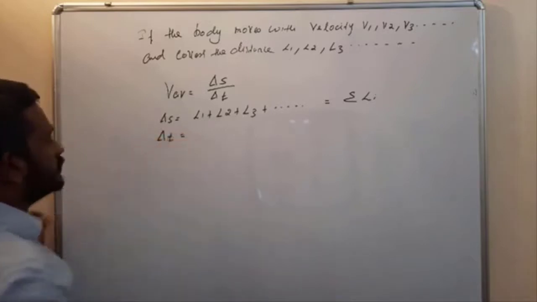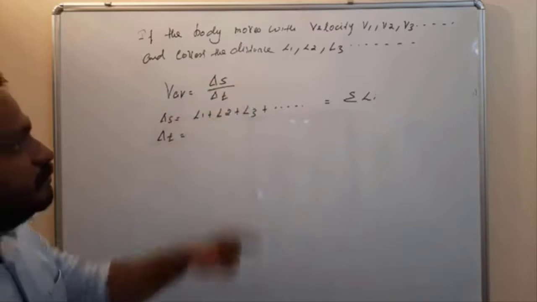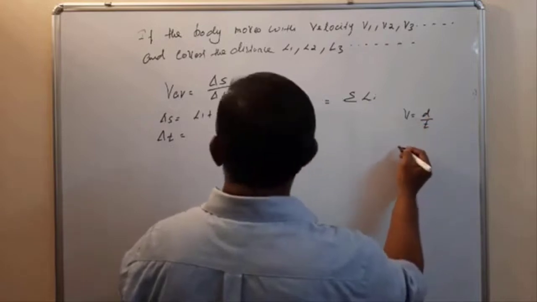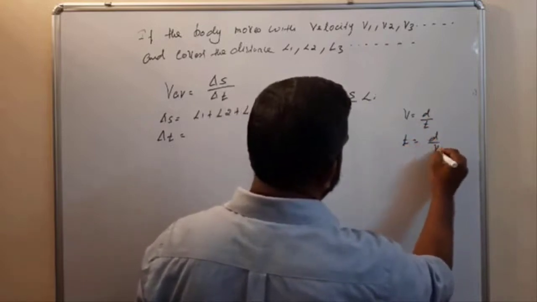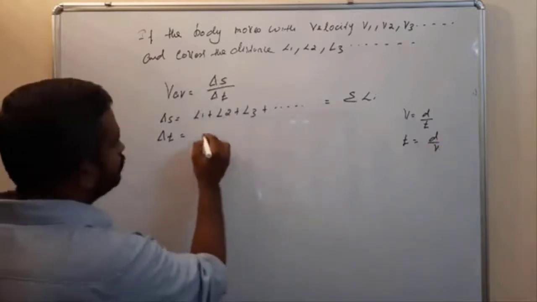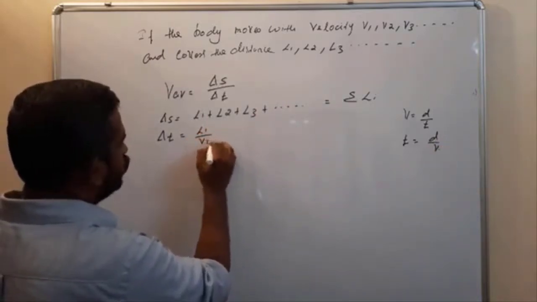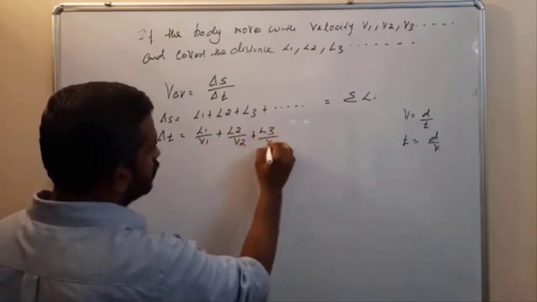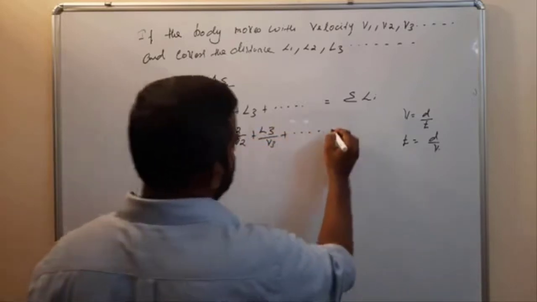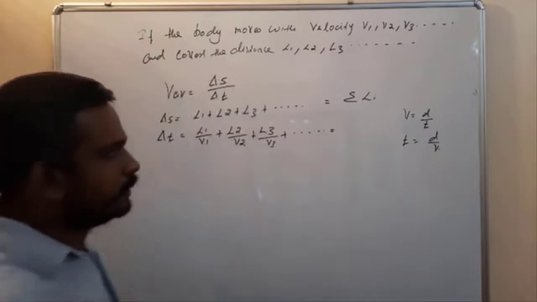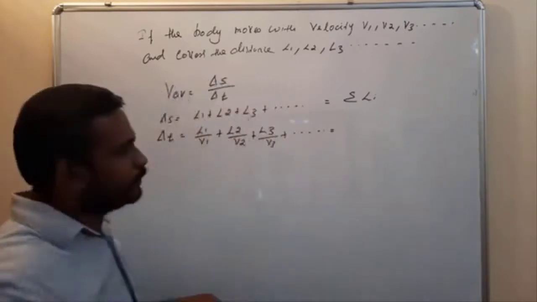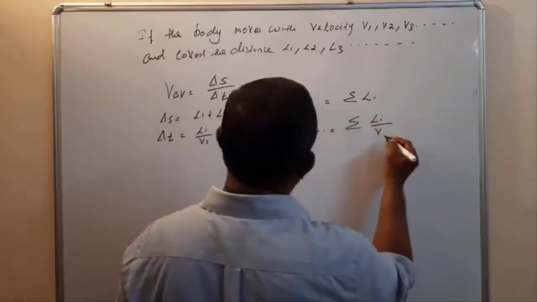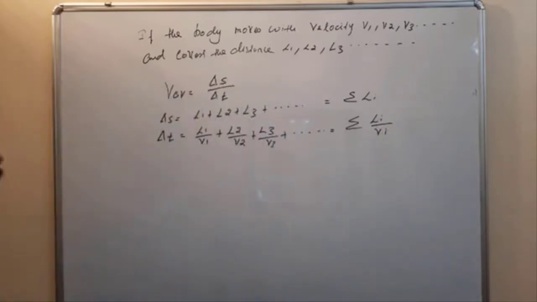For delta T, time is not given, so since V is equal to d by T, T is equal to d by V. So T is equal to L1 by V1 plus L2 by V2 plus L3 by V3 plus etc., that is equal to the summation of Li by Vi.